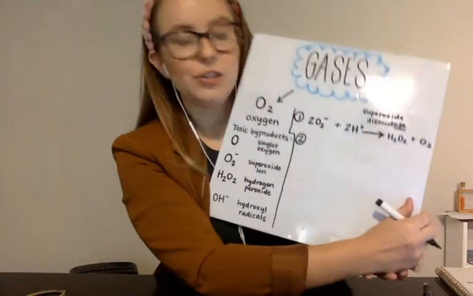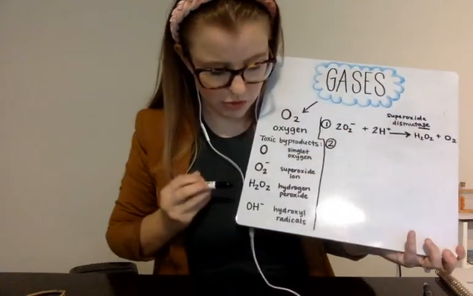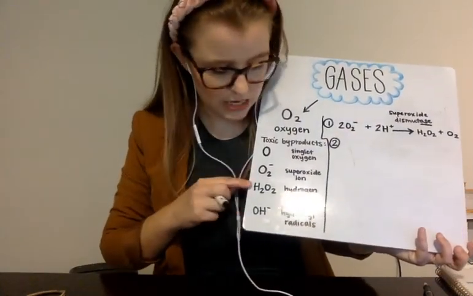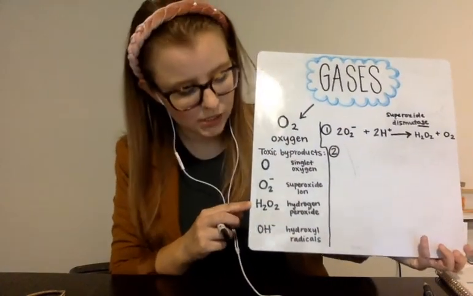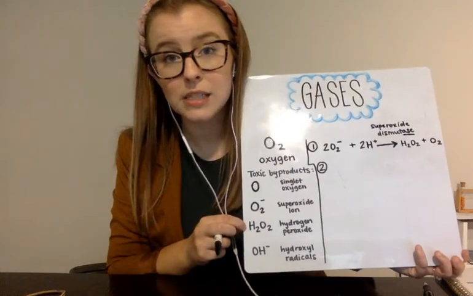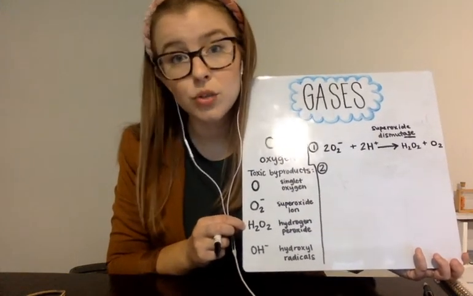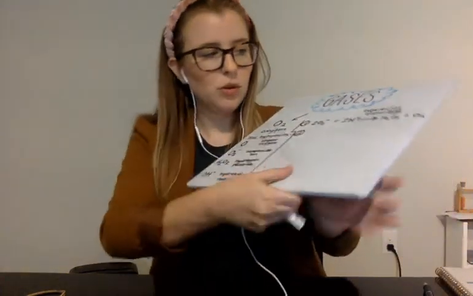Step 2, let me draw a line around this, is taking that hydrogen peroxide, because as we mentioned before, hydrogen peroxide is another toxic byproduct in this process. If we keep that hydrogen peroxide in a cell, that cell is going to die. So we need to convert that hydrogen peroxide into harmless products.